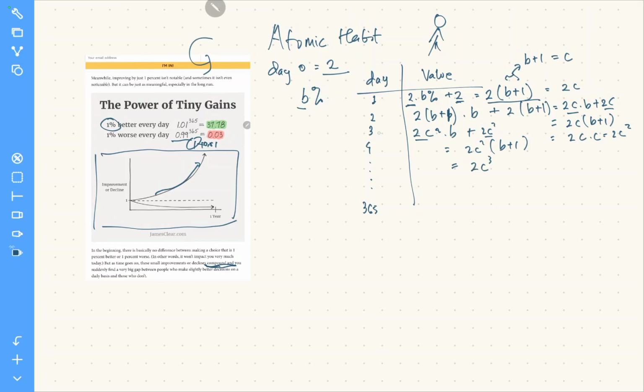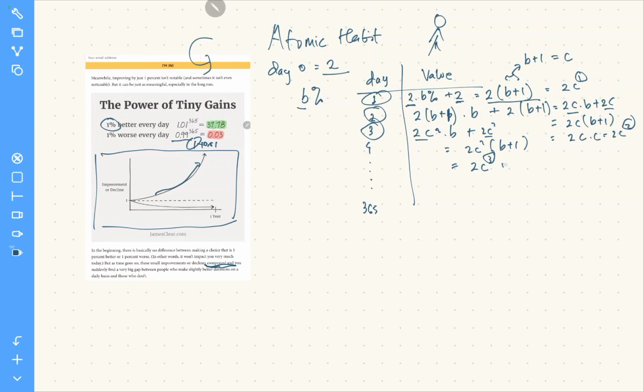As you see, on day 1 you only have the power of 1, on day 2 you have the power of 2, and on day 3 you have the power of 3.